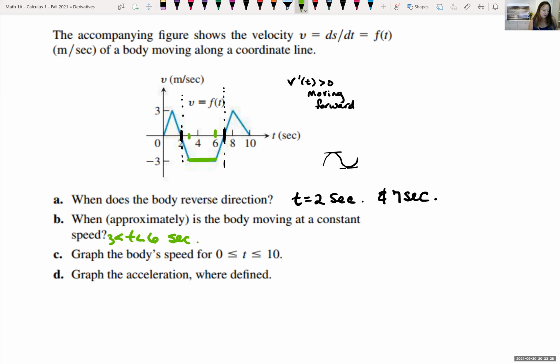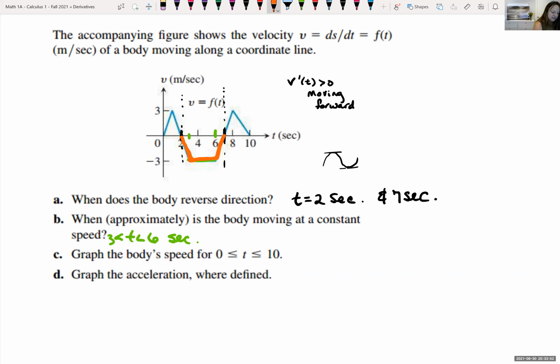If it's asking me to graph the speed, well, the speed, remember, is the absolute value of the function. So the only difference would be that this piece underneath the x-axis, I have to reflect across my x-axis.